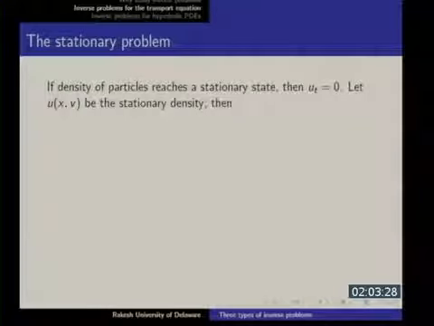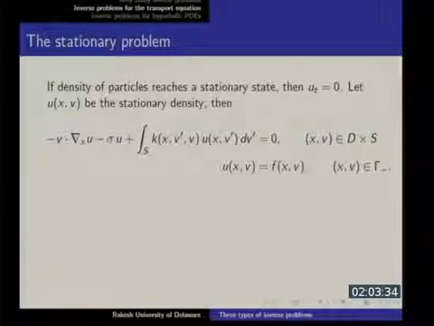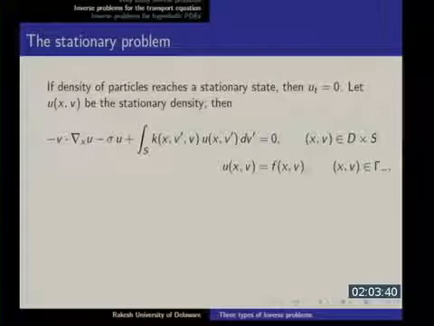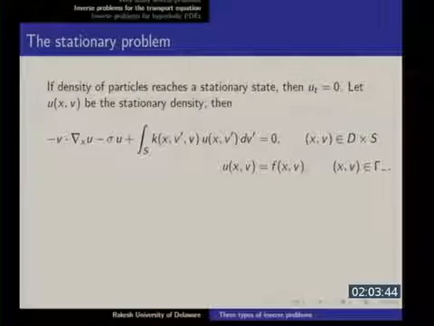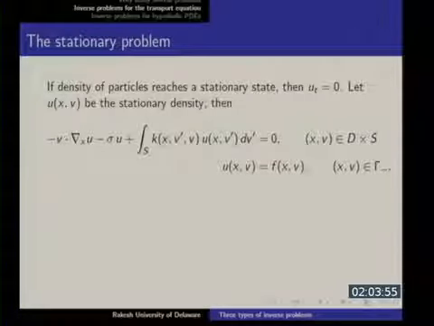So when the concentration is not changing with time, then U sub t is 0, then the left part of the equation goes away, and you're left with just the transport part, the travel part, the absorption, the scattering, and because it's steady state, it's equal to 0. All right. Now, so there is no time involved here.